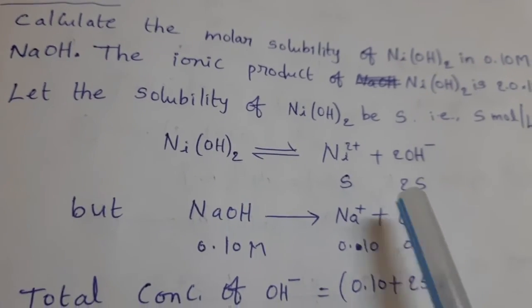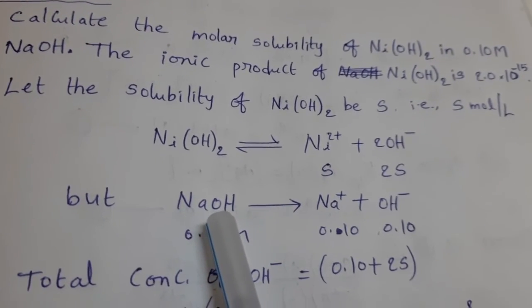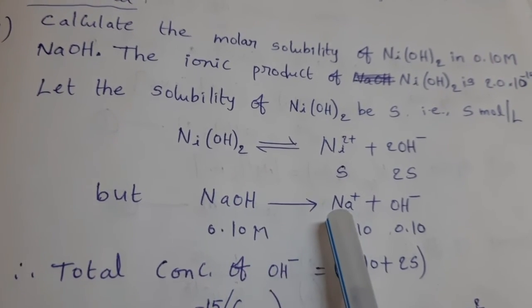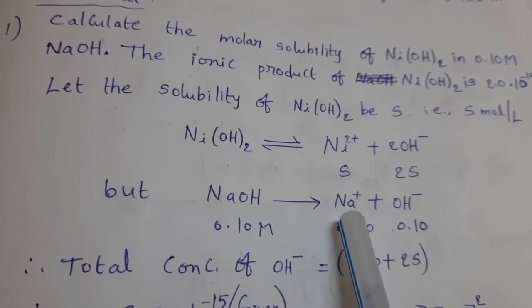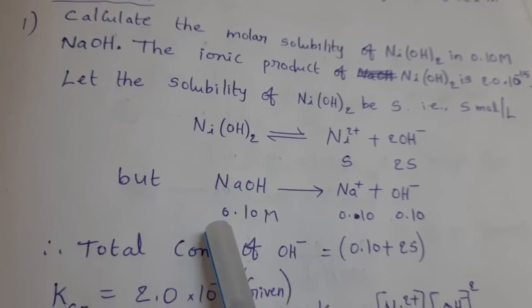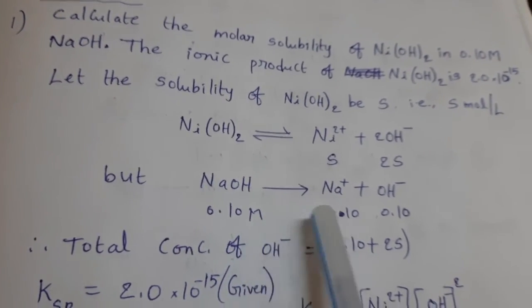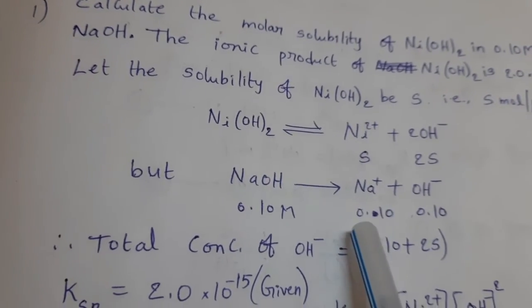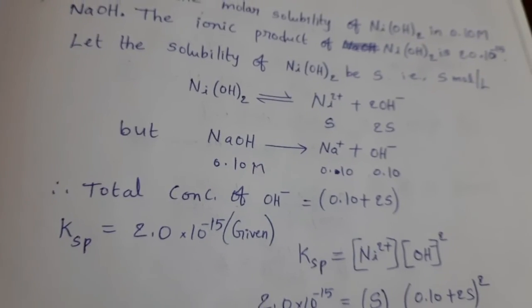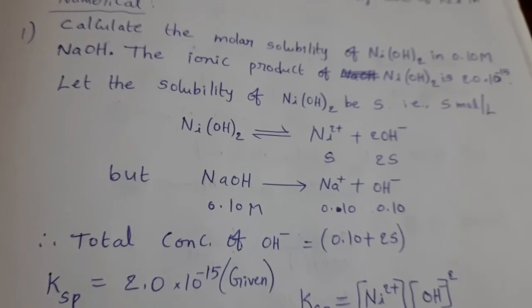That's why 2S. But NaOH is a strong base. It undergoes complete ionization and produces Na+ and OH- ion. In the question, the given concentration is 0.10 molar. Here also the same concentration of ions is formed. Now the total concentration of OH- ion.